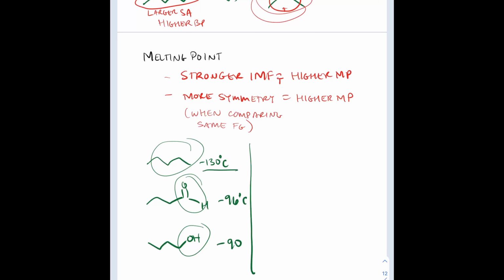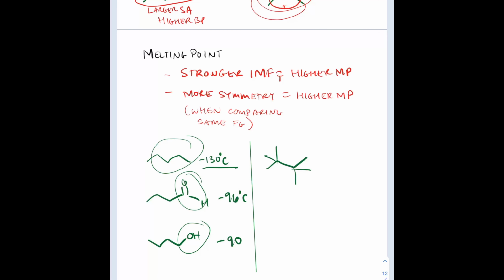And then we can also compare. Let's just draw a line down the center and draw this one versus another with 8 carbons.